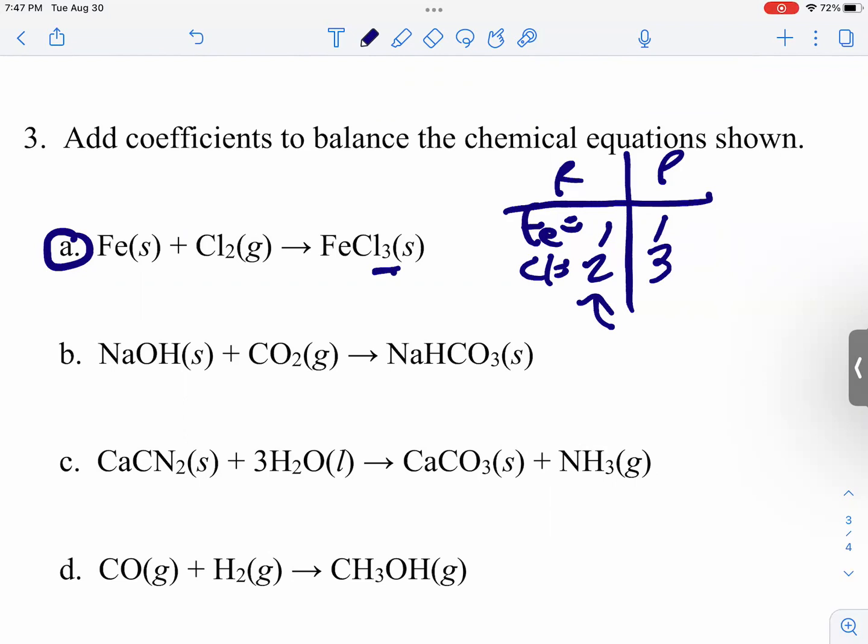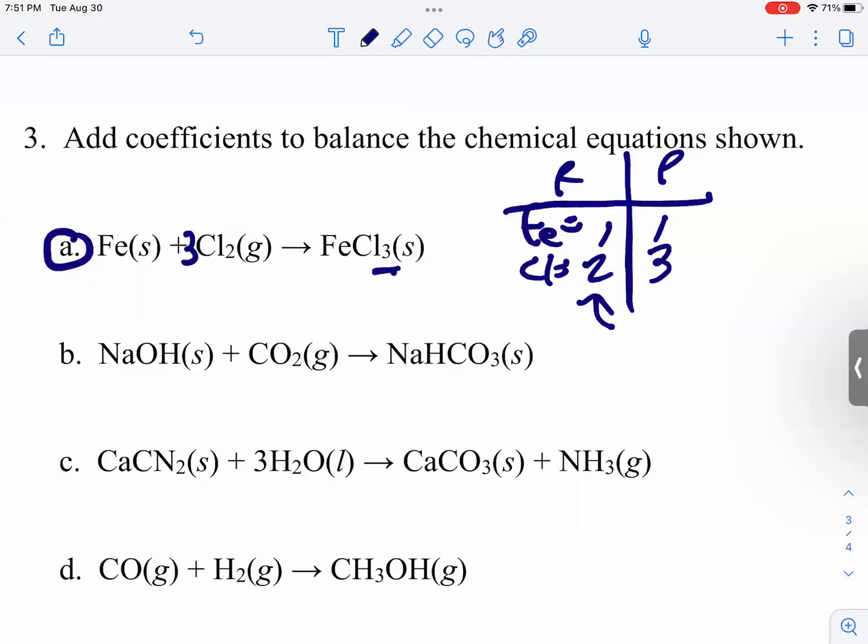But if we had 3 chlorine, if I add a 3 here and I multiply out, then I have 6 chlorine. Sorry for the dog noises. Then I have 6 chlorine on the reactant side, and I have 3 on this side.